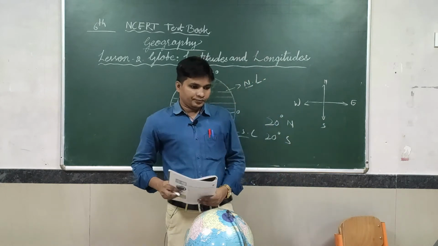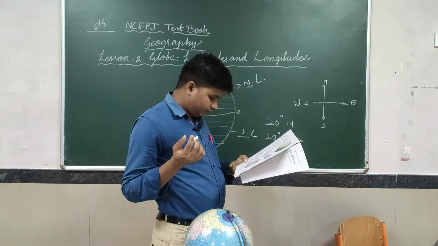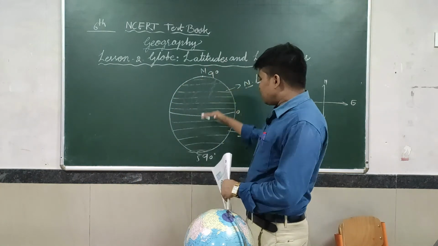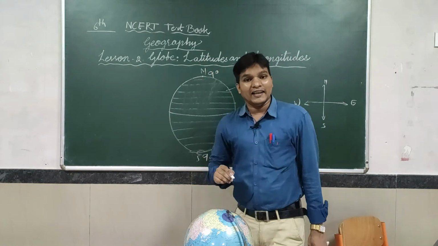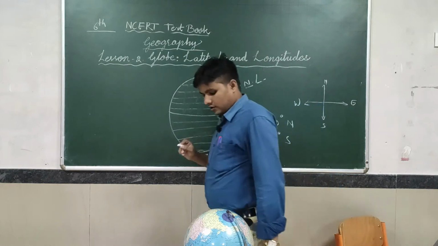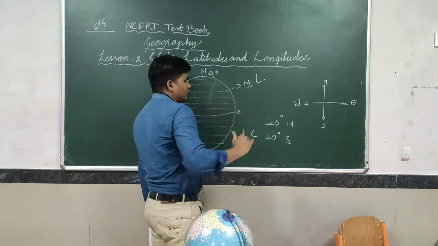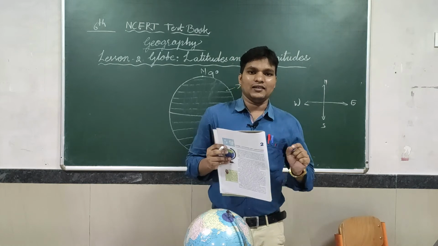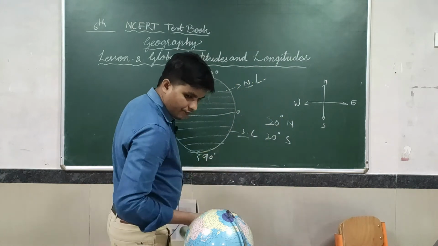Next, it has the numbers 0 degree to 90 degree north. Here also it is 0 degree to 90 degree south. So there are some important parallel lines, I mean latitude lines, that we are going to focus on.